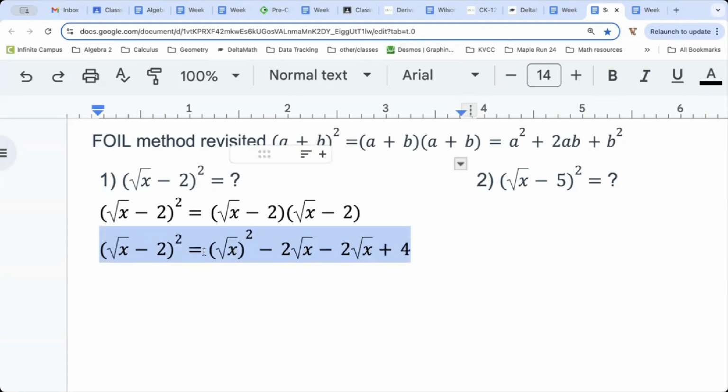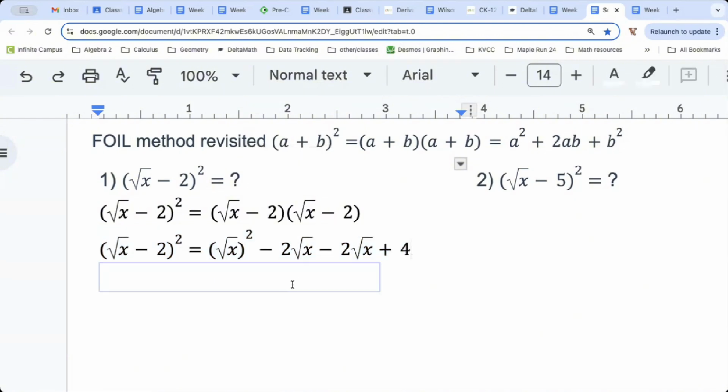The first is square root x times square root x. And then the outside is negative 2 times square root x. Inside is negative 2 times square root x. Then the last is negative 2 times negative 2, which is positive 4.